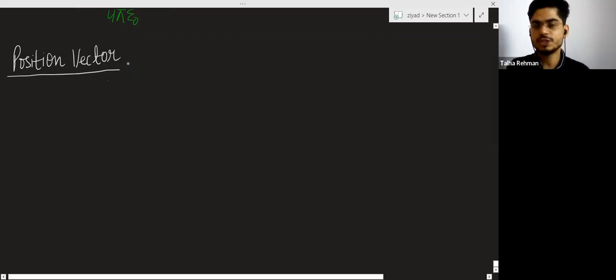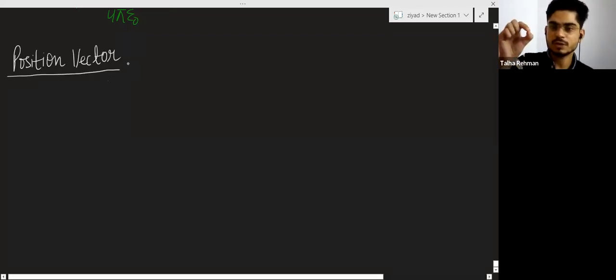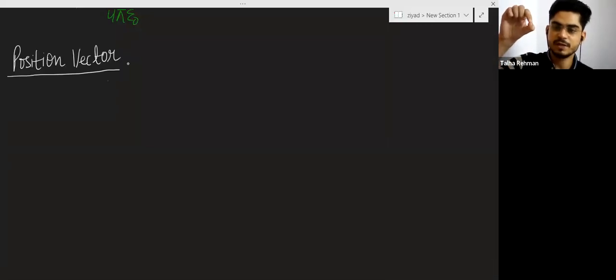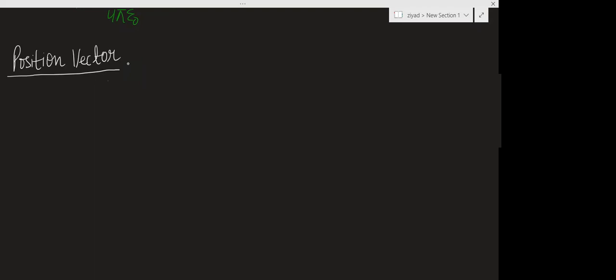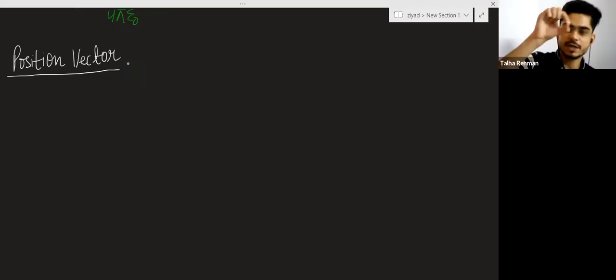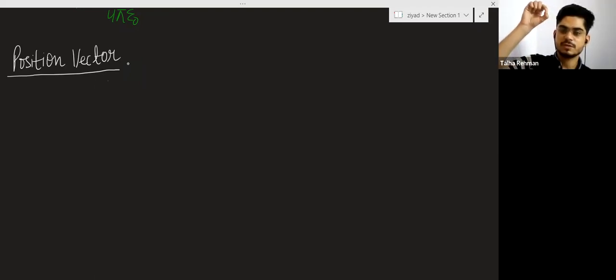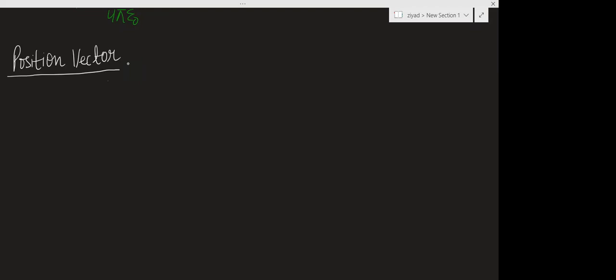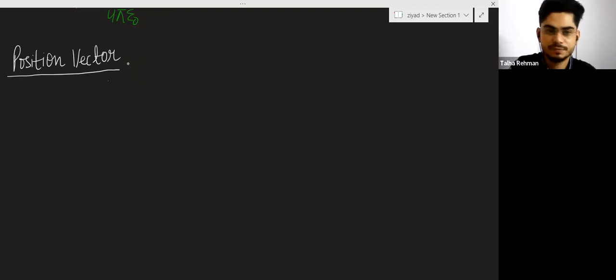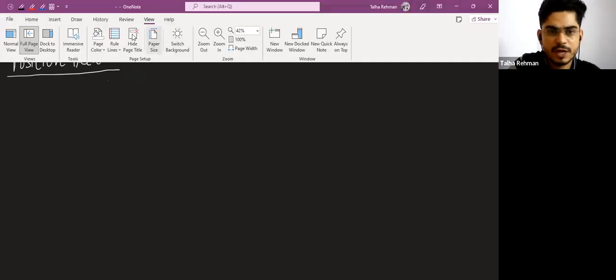Position means, suppose this point is here in my hand. Now the position changes, this point is here, and again the position changes. You are at a different position, I am at a different position. So we will calculate the vector of the position. Simple. So let's see what I will do.